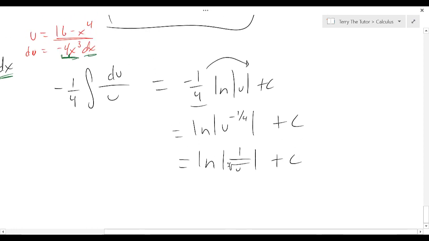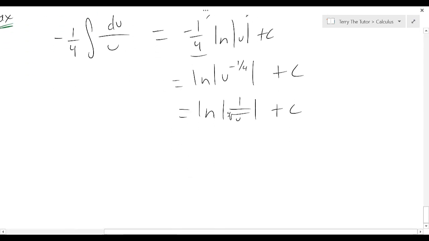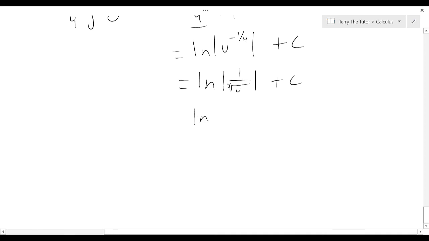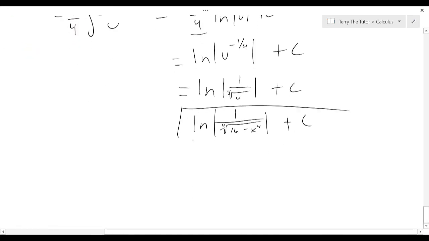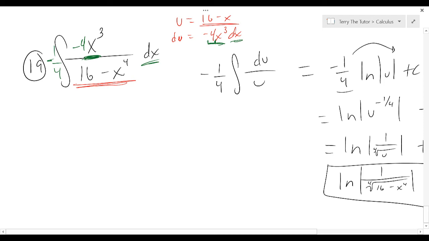And now let's back sub u. u is 16 minus x to the 4th. The natural log of 1 over the 4th root of 16 minus x to the 4th plus c. Okay. I'm sure we could reduce that in some way, but you know what, that looks good for me.